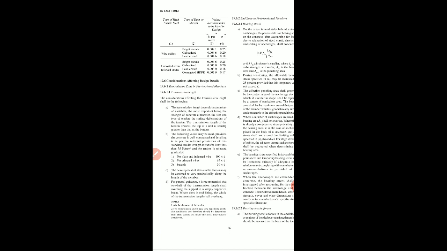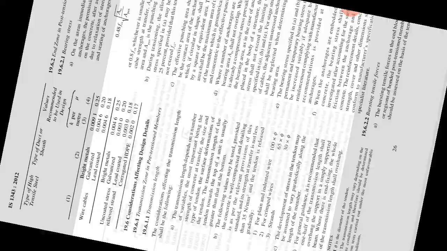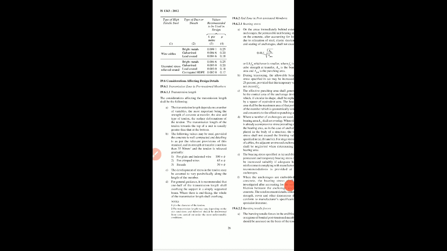Transmission length depends upon several factors: the type of tendon, such as wire, strand or bar, used for the pre-stress transfer; the size of the tendon; the stress in the tendon; the strength of concrete at transfer; and the manner of cutting the tendon, like abrupt flame cutting or slow release of the jack, meaning we transfer the pre-stress and then cut the pre-stressing wires.